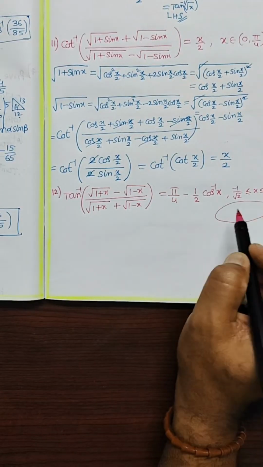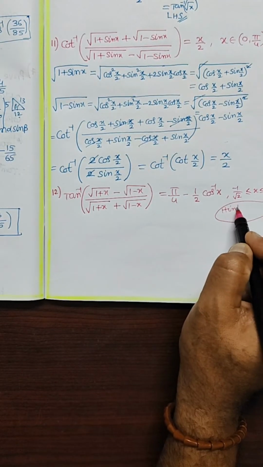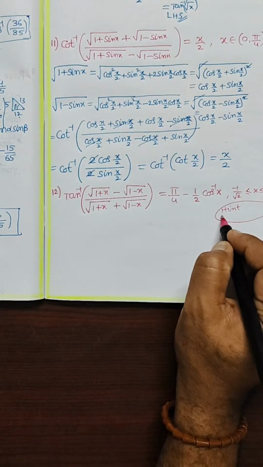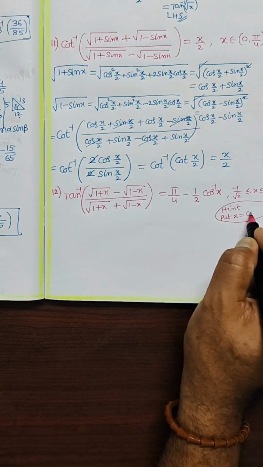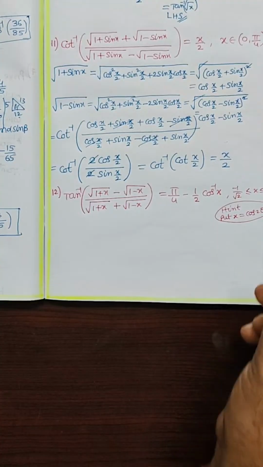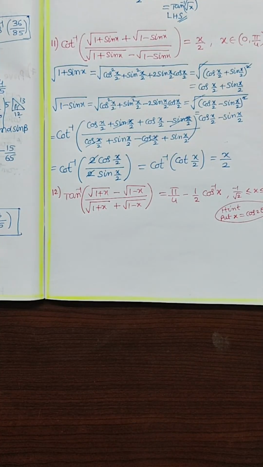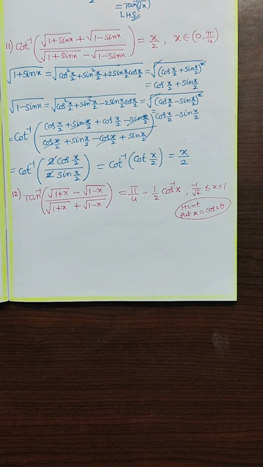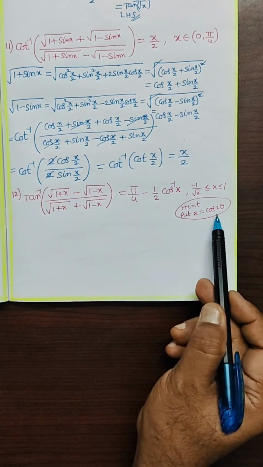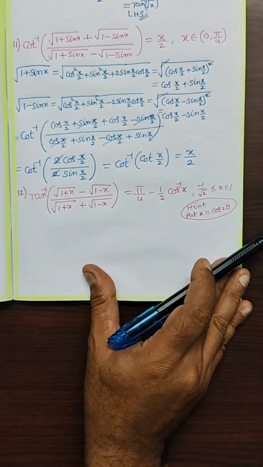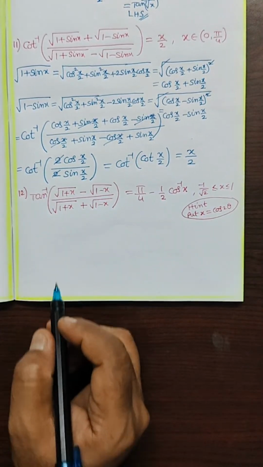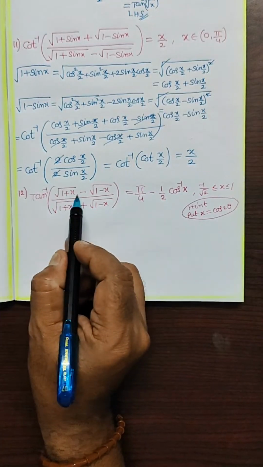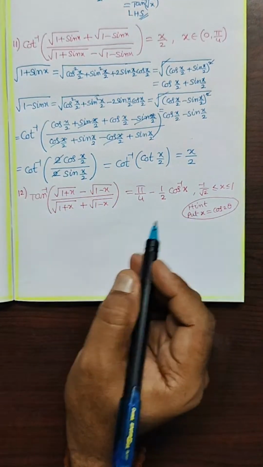Here a hint is provided. What is that hint? Put x is equal to cos 2 theta. So based on that we will proceed, dear students. So first calculate root 1 plus x and root 1 minus x.